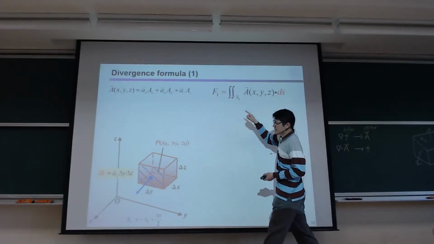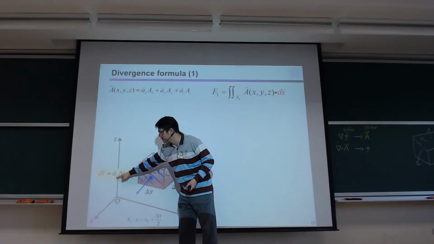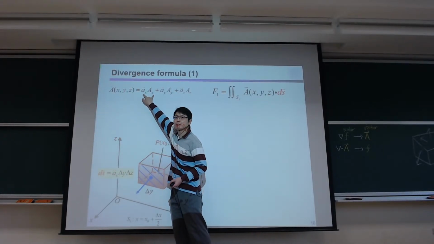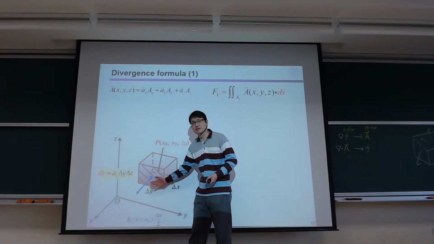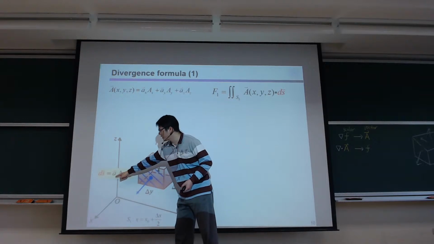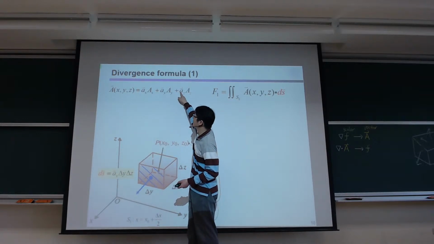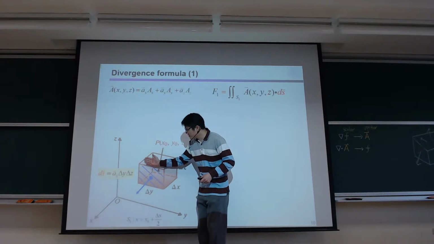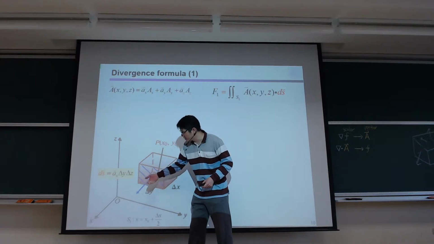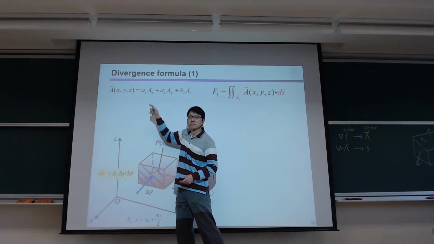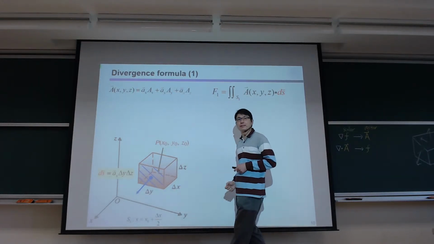Your ds only has a component in the x direction, so only Ax is being evaluated at this surface, because you know ax dot ay or ax dot az are both 0. So the surface only samples how much flow of Ax there is.